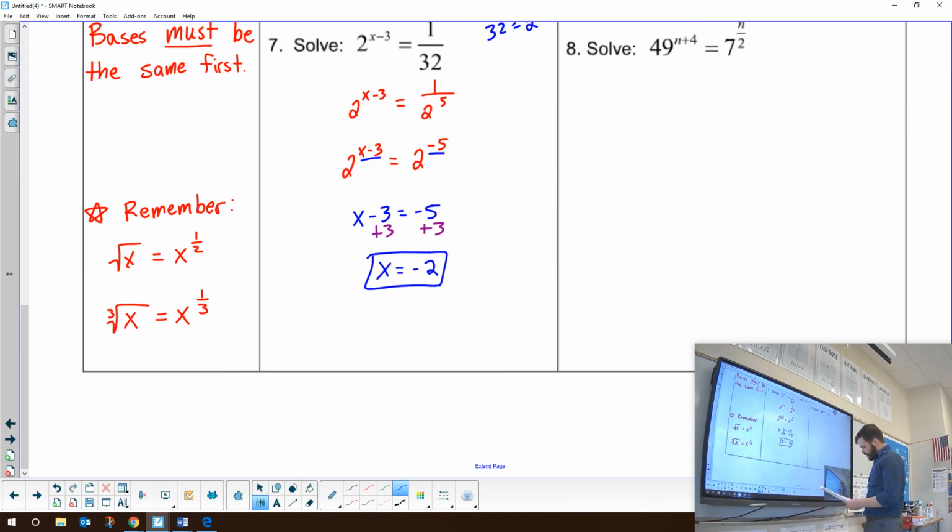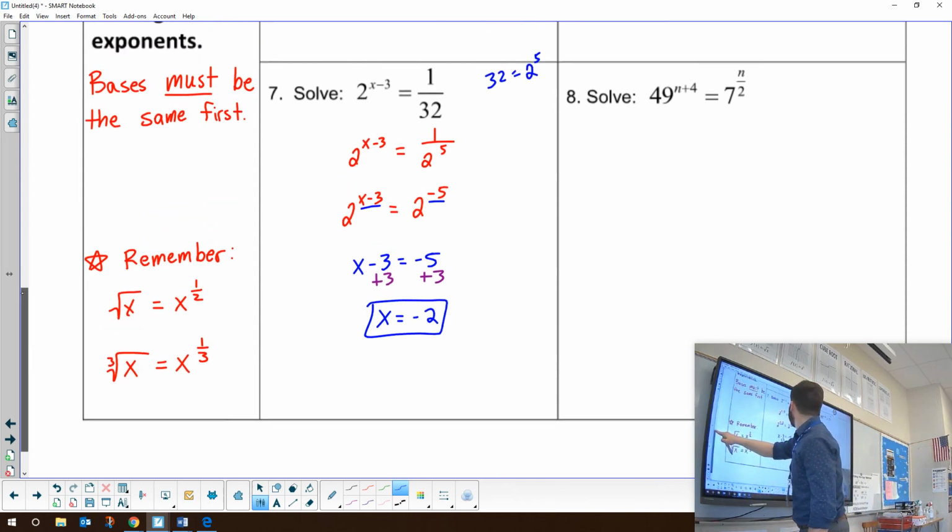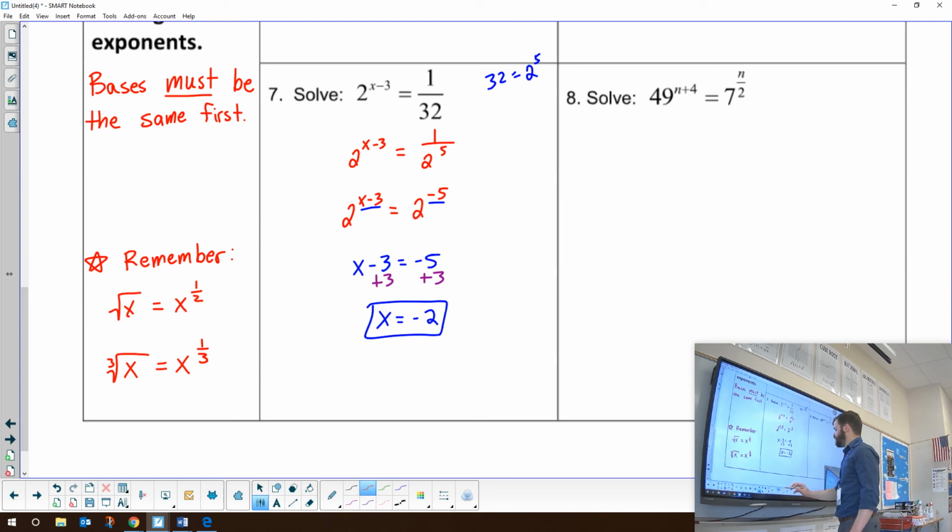Okay? All right, now, our last one here, we have 49 to the n plus 4 equals 7 to the n over 2. Don't let that fraction freak you out, okay? This 49 equals 7 squared, okay? 7 squared equals 49. So I can replace that 49 with 7 squared, raised to n plus 4, okay?